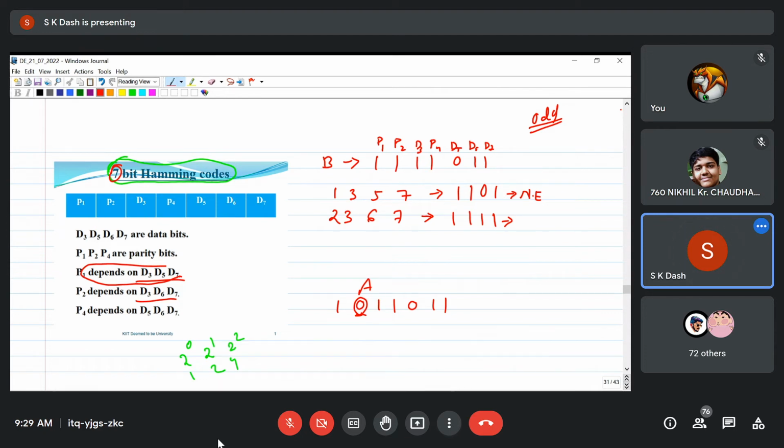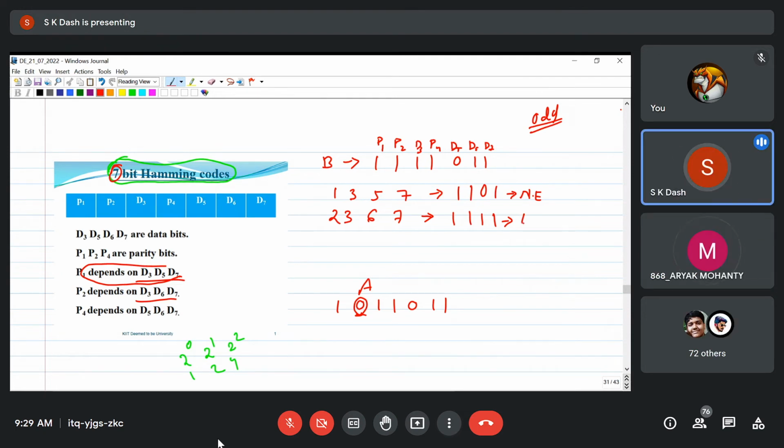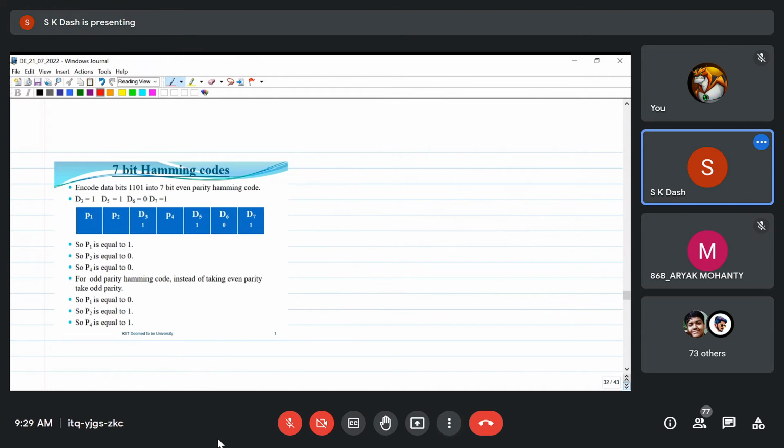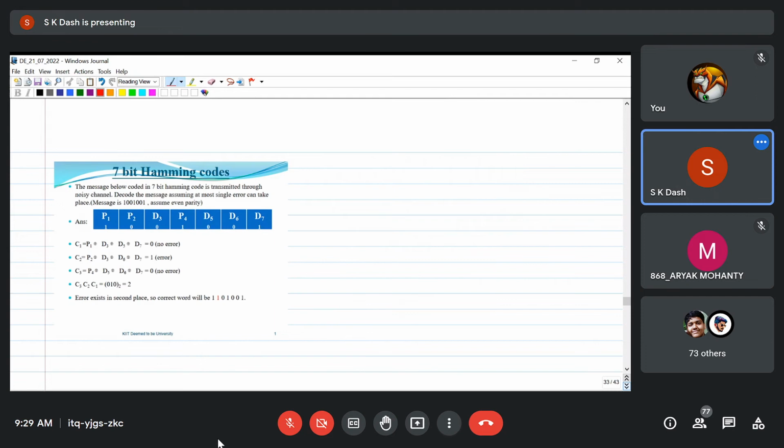An even number of ones, which means it contains an error. Next, 4, 5, 6, 7: 4 is 1, 5 is 0, 6 is 1, 7 is 1. Three ones, an odd number, so it contains no error.